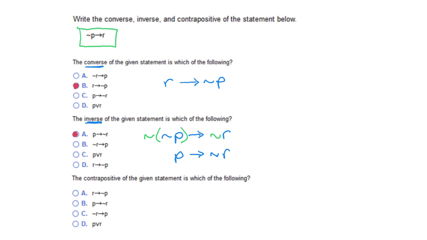Lastly, we will find the contrapositive of the original statement. If we recall, we have to take the original statement, not P implies R, reverse the order, and then take the negation of both sides.